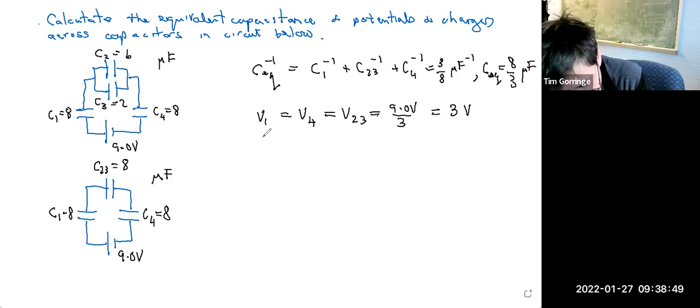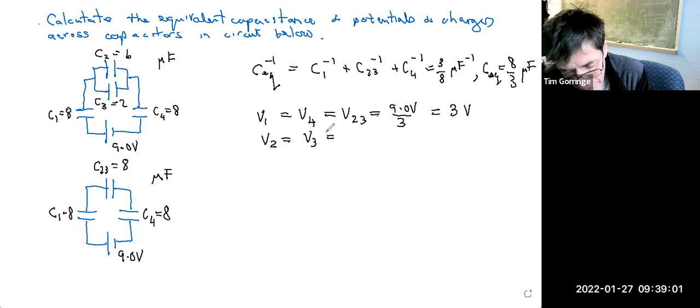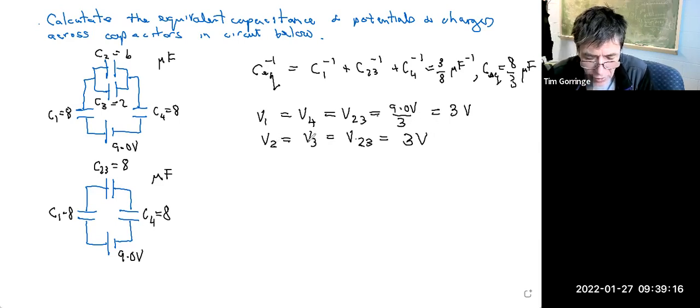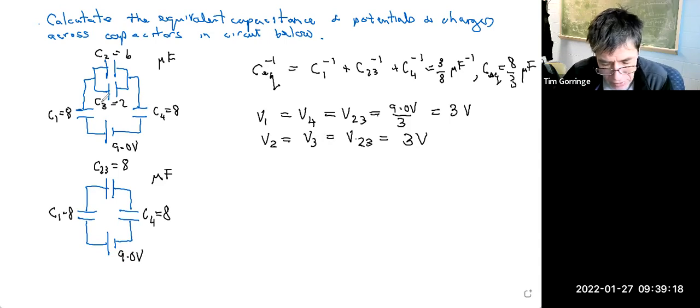So finally, the voltage across C2, I'll call it V2, is the same as the voltage across C3, because they're in parallel, and it's the same as the voltage across their equivalent capacitor, which we called V23. And V23 was 3 volts. So V2 and V3 across C2 and C3 are also 3 volts.